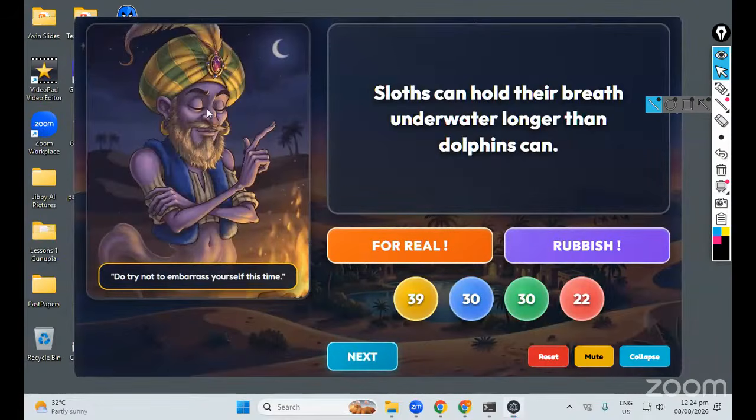Sloths can hold their breath underwater longer than dolphins can. That seems very suspicious. And sloths are supposed to be very fast in water, although they are very slow on land. All right, 10 more seconds, so send in an answer if you want to.